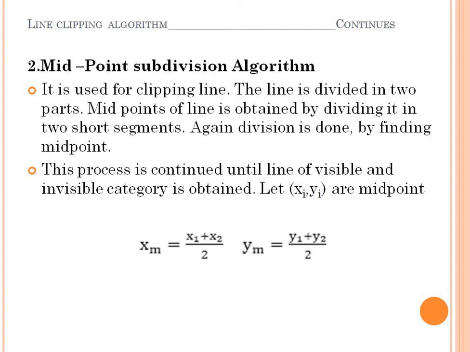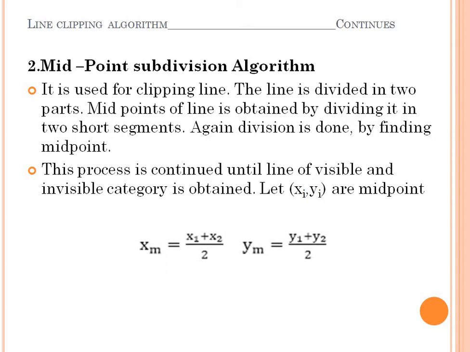Consider the case where the region codes of both endpoints are not 0, and one endpoint may be inside the clipping window and the other outside. We perform the AND operation on the region codes of these two endpoints.